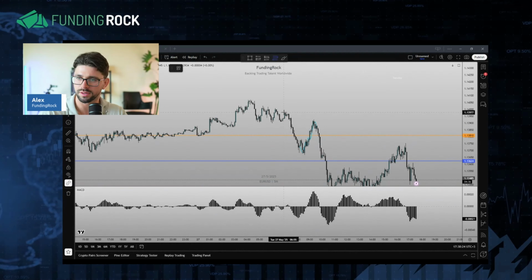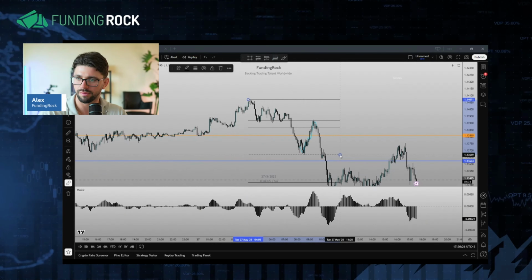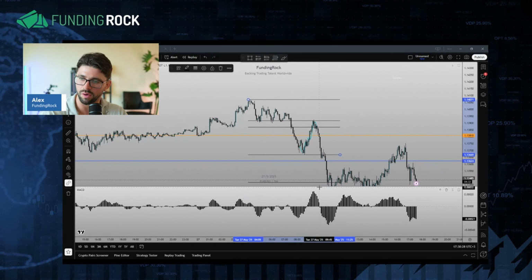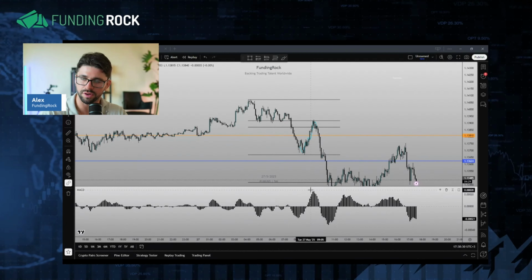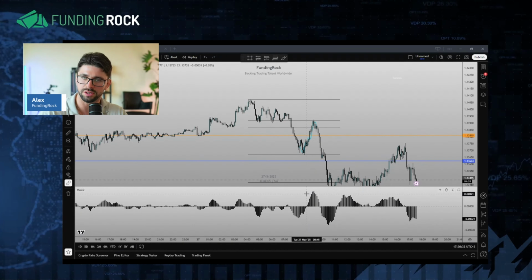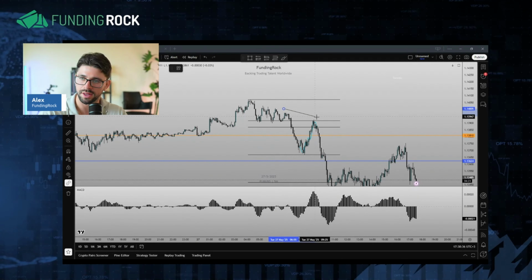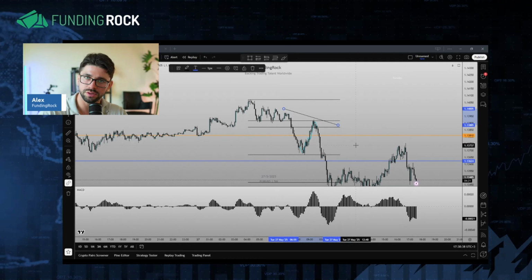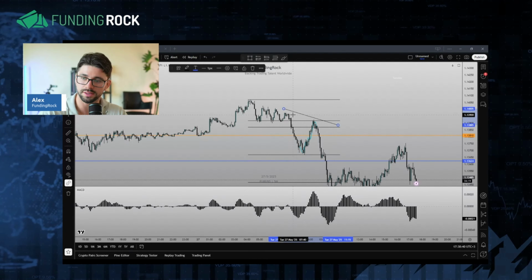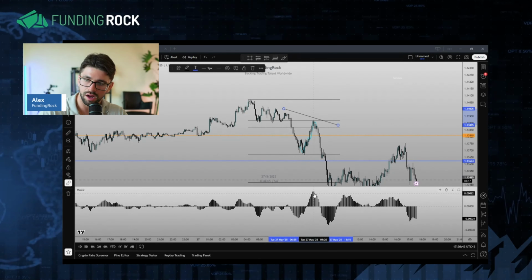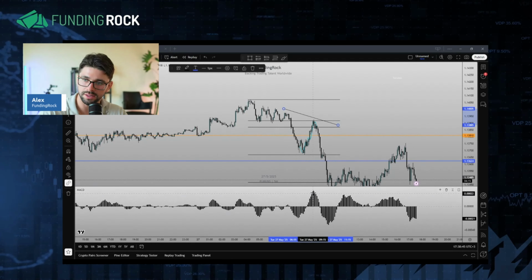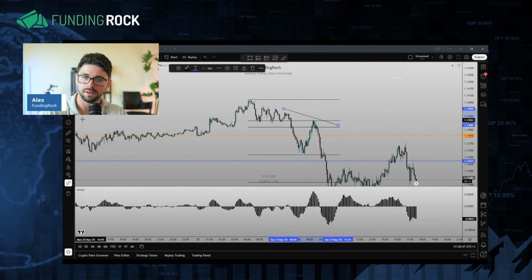We can put our fib right here on the 50, but also on the MACD, you can see that we've got a large divergence in price. We've had lower highs on price, but higher highs on the oscillator.